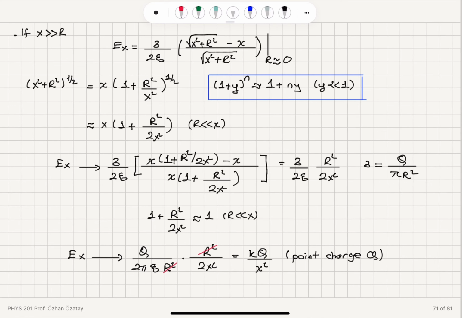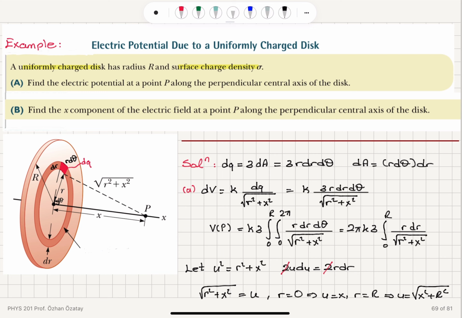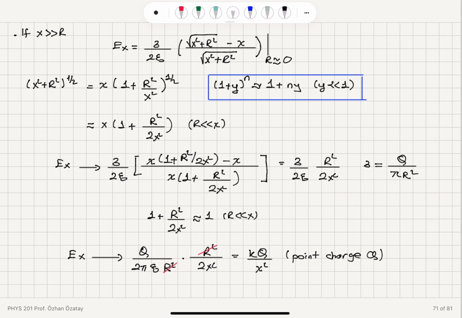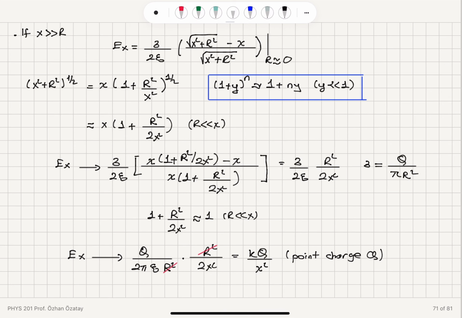On the other hand, when x is much greater than R, then we are at a very far distance from this disk. It looks like a point charge at this very far distance. And what is the electric field at that far distance? So the square root of x squared plus R squared minus x, over the square root of x squared plus R squared, in the limit R goes to 0.